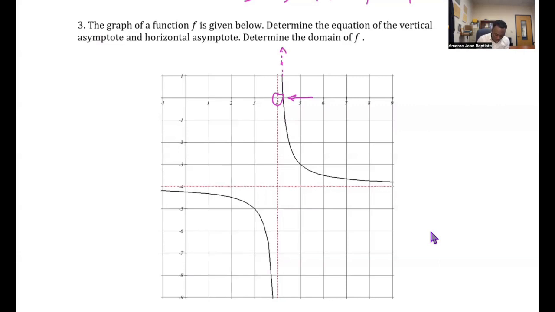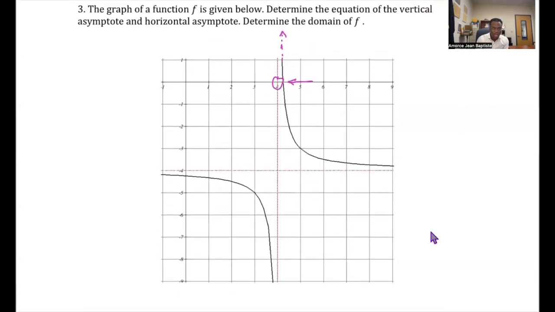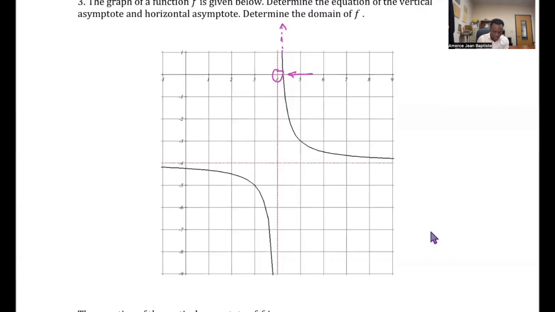Now, if you consider the x value approaching 4 from the left, you would see the graph going indefinitely down, never touching this line. So that makes x equals 4 what we call a vertical asymptote.